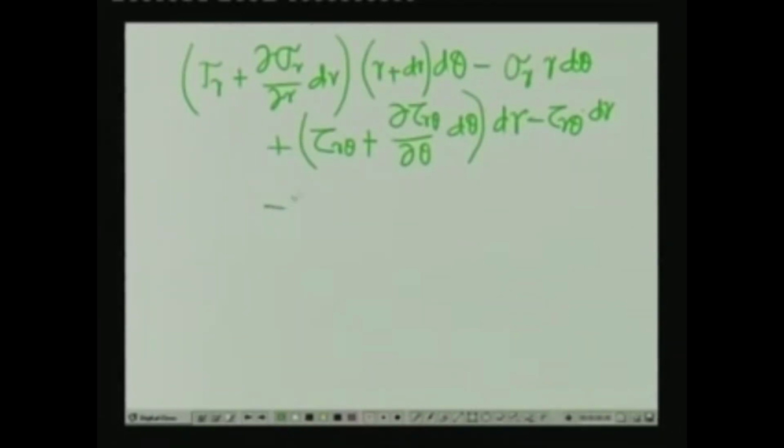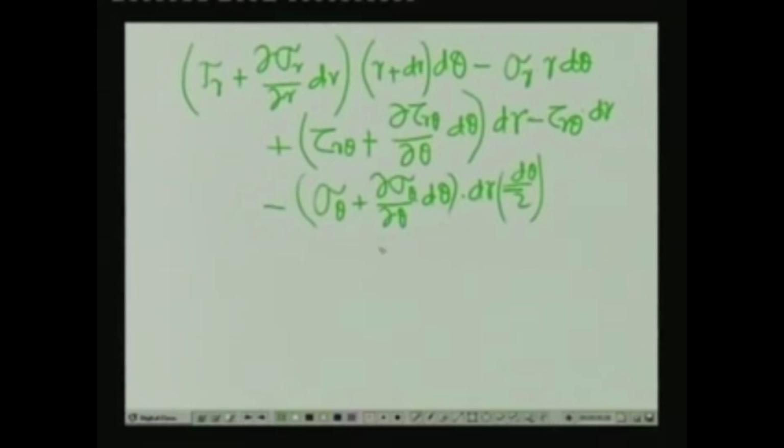minus, corresponding to the sigma theta, we have sigma theta plus del sigma theta del theta over length d theta acting over the area dr, multiplied by d theta by 2, as we have seen, that sine component.